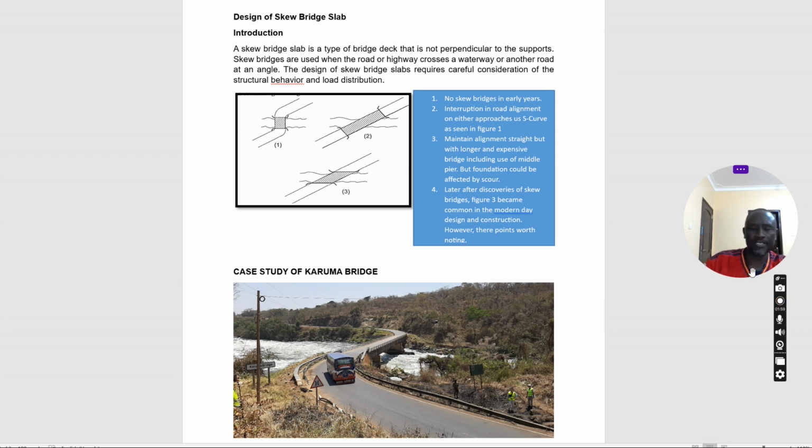So when you look at figure 1, in early days there were no skew bridges, and so when you were approaching the bridge, you had to first go as if you were bypassing the point and then turn at an angle.